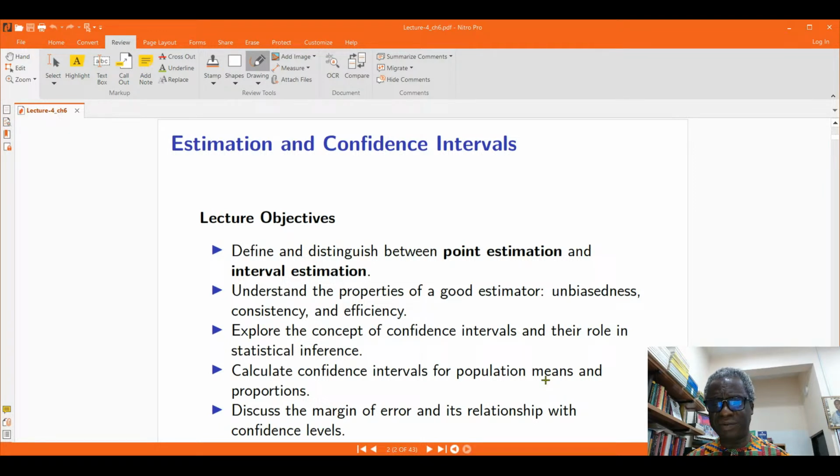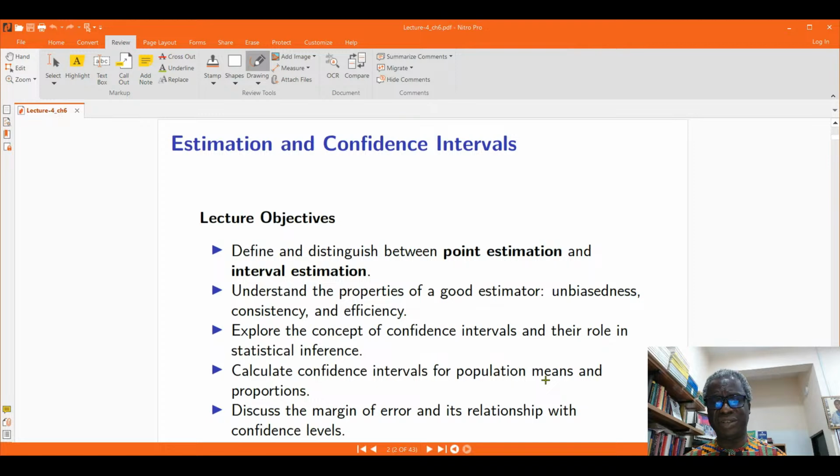So in this particular topic, our focus will center on what we consider a core aspect of statistical inference, very fundamental.